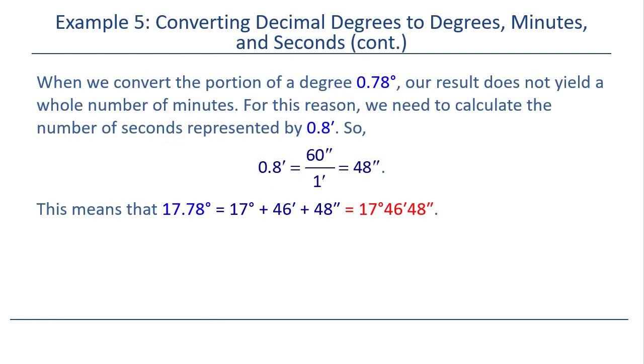So we do that again. We convert that decimal now. We take 0.8 minutes, and we know that there are 60 seconds in 1 minute. Again, we're doing a unit conversion, right? The minutes will cancel, and we'll be left in seconds, and we get 48 seconds. So 17.78 degrees is 17 degrees, 46 minutes, 48 seconds.